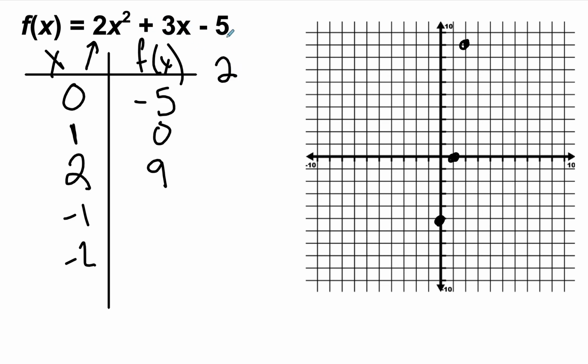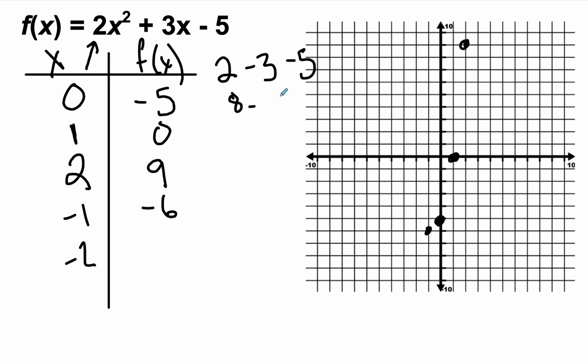Now I've got 3 times negative 1, so I'm minusing 3, minusing 5. So 2, minus 3, minus 5, is negative 6. All right. What about negative 2? So I've got 4, because this is squared. 4 times 2, I've got 8.